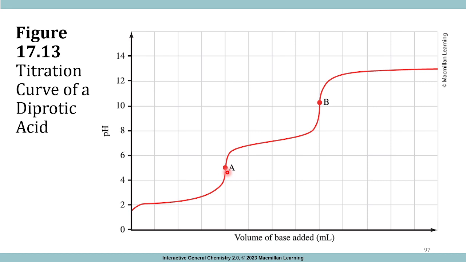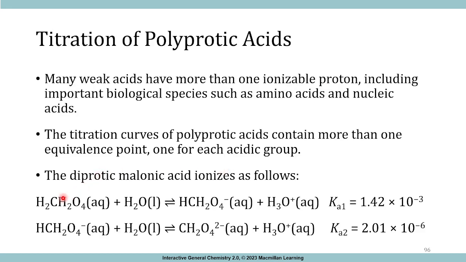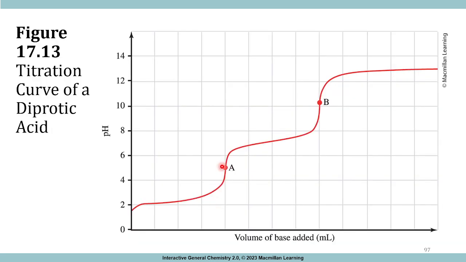What happens at the equivalence point again? We've converted all of the acid to the base, haven't we? And so at that point, we've converted all of this acid here to this conjugate base right there. Now, at that point, we have the first conjugate base, don't we? We have the first deprotonation done.